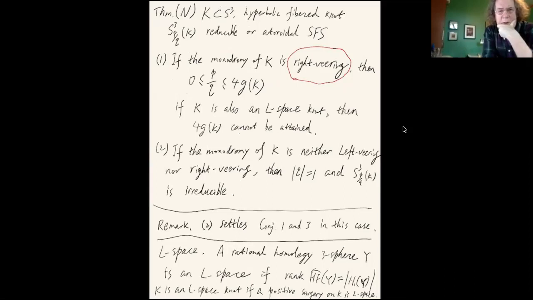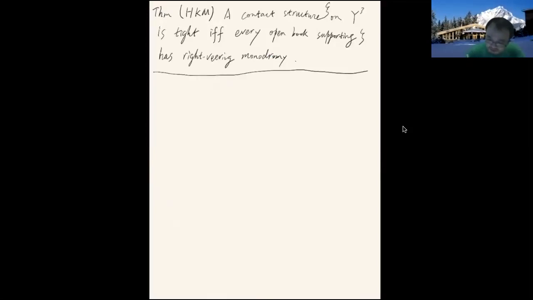So could you remind me what the relationship is between right-veering and fractional Dehn twist coefficients? Yes, that's a good question. So there is something called the fractional Dehn twist coefficient, FDTC.